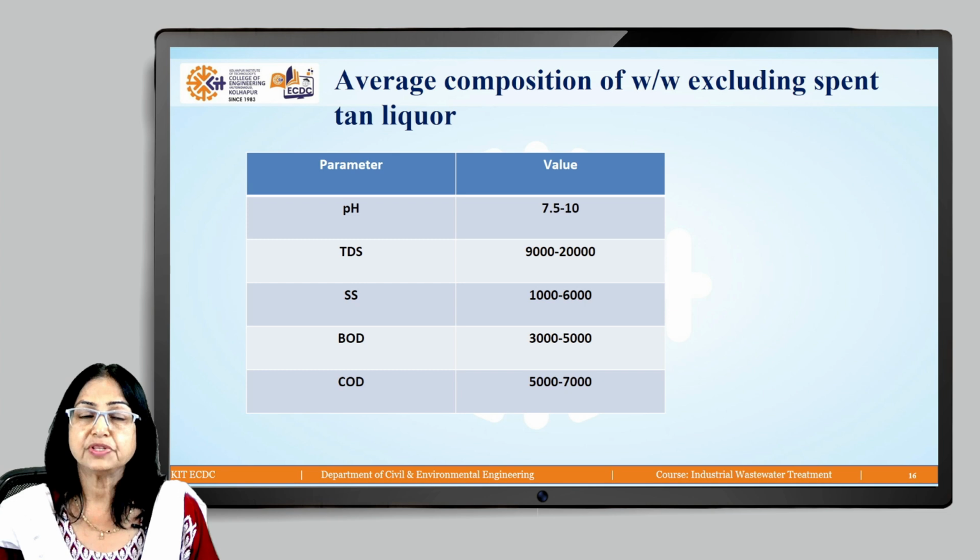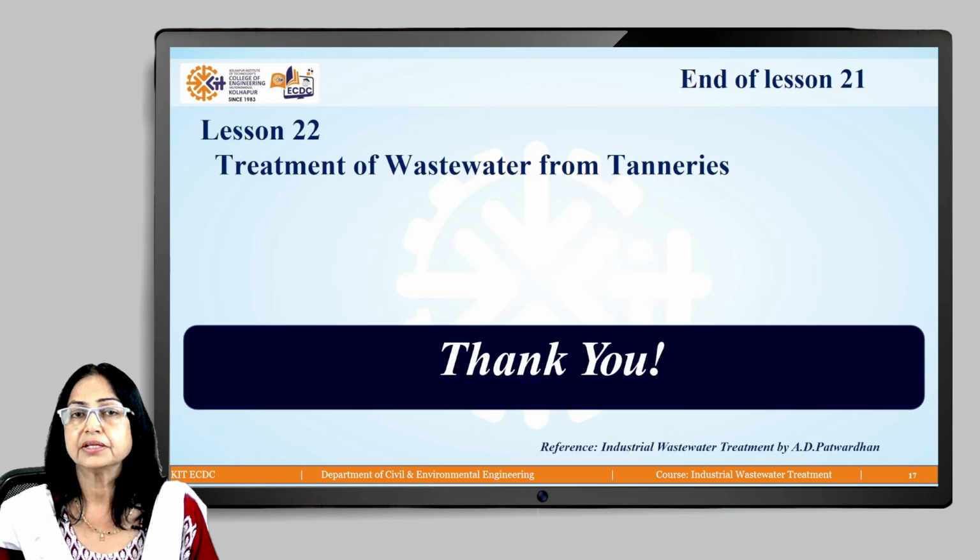So, as we said, this wastewater is characterized by slightly alkaline pH, high TDS, high suspended solids, high BOD, and high COD. This wastewater cannot be disposed of without treatment.